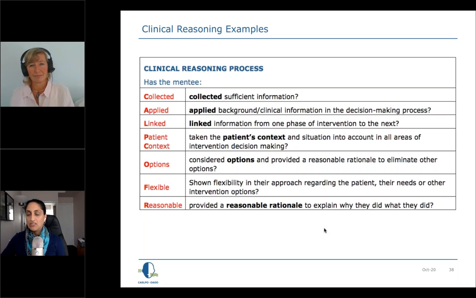The direction of the answer is not really to answer the question of what was done in the assessment. So that's where you as a mentor may need to come in with some of those prompting questions that Sarah went through. When you have a mentee who you need to elicit more clinical reasoning, that's when you could use some of those prompting questions. In this case, collection of information, applying that information and linking it wasn't really coming through in the explanation so far. Sarah, would you add anything?